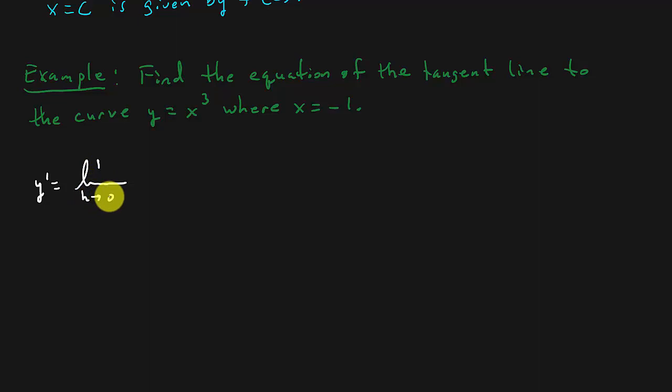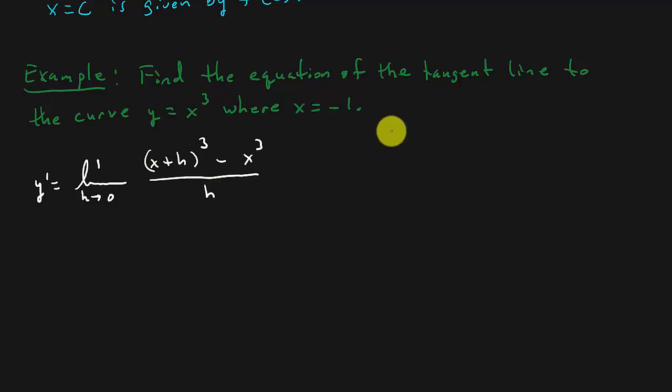Remember the formula: f of x plus h, so we put x plus h in the place of x. That's x plus h cubed minus f of x. I know we have a y written instead of f of x, but it's the same thing. So that's minus x cubed, over h.